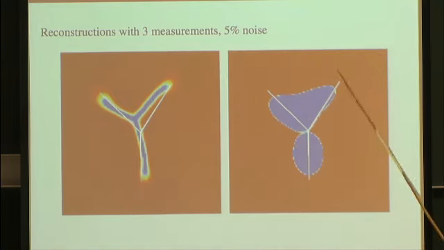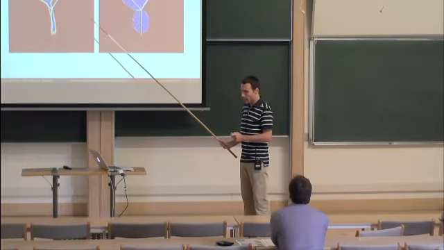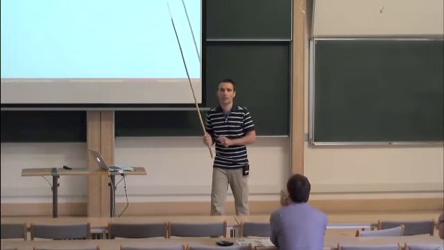And so you can have a flavor of how this works in these examples. And I think with that I can stop here, and I thank you very much for your attention.